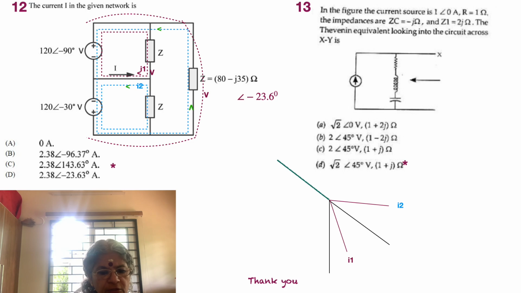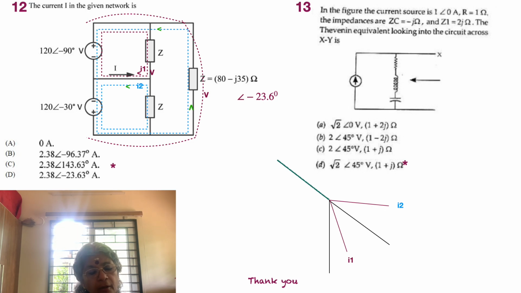That's why I1 is shown in the diagram below, near around minus 60 degrees. The magnitude is not relevant in this question. Now regarding I2, that's given by 120 angle minus 90 minus 30 divided by the impedance with an angle minus 23, so this is near around minus 6 degrees. That's also shown as I2.